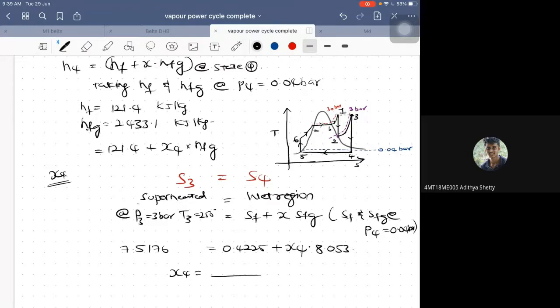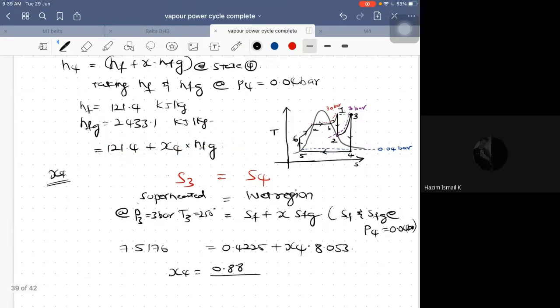I want others to answer. Hashir, Hazim, Sushant. 0.88, sir. Now, once I got the value of X4, you can calculate the value of H4. Substitute the value of X4 there. So H4 is equal to 121.4 plus X4, which is 0.88 as you have calculated, into HFG.